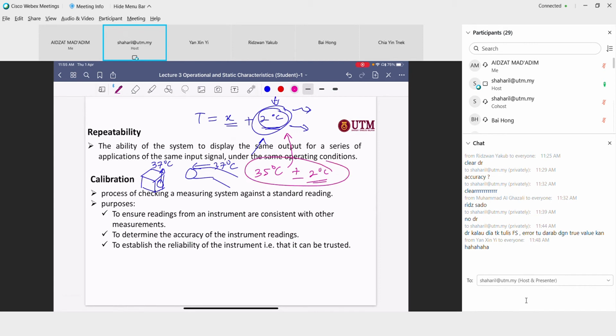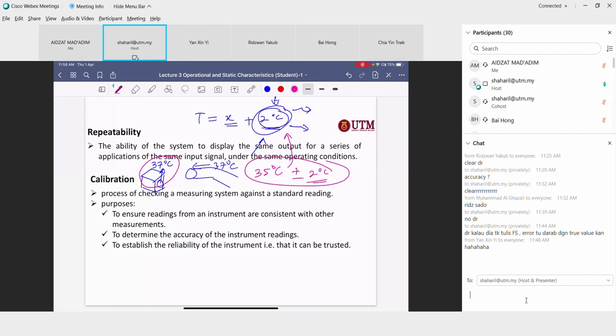Okay, but this one is the standard device or standard material. For example, it's a very simple thing. The thermometer is very accurate to measure the temperature. All right, so if you put your thermometer inside the hot water and so on, then you will get the same value.